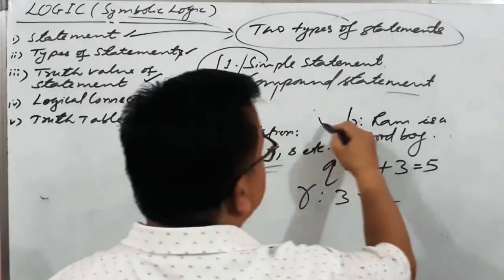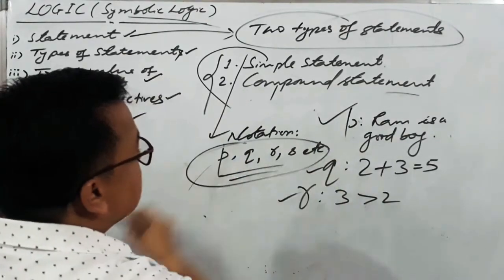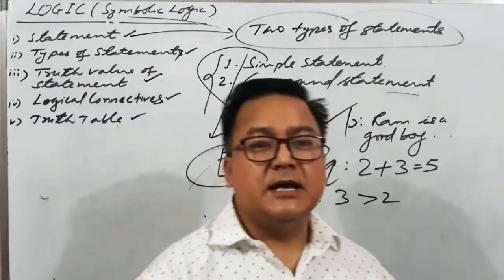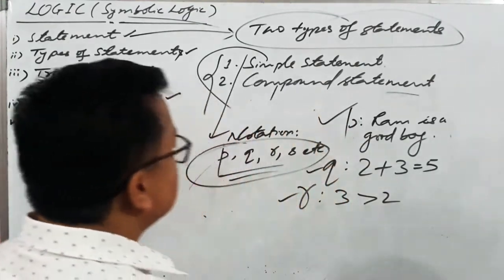So the simple statements p, q, r are generally represented by small letters.